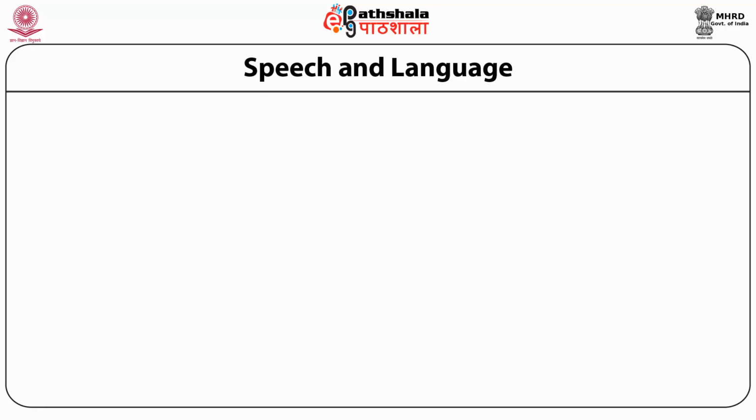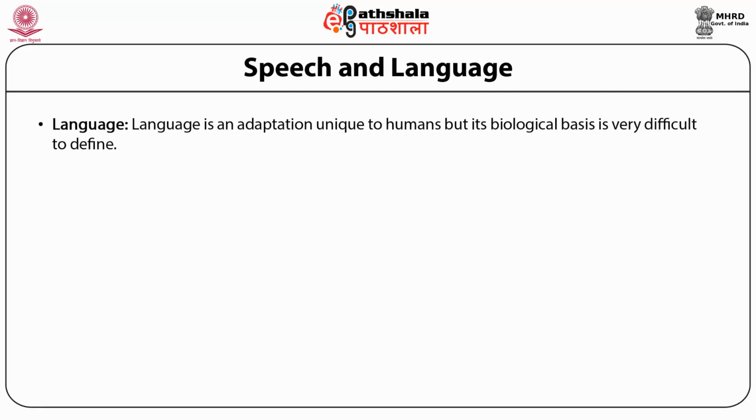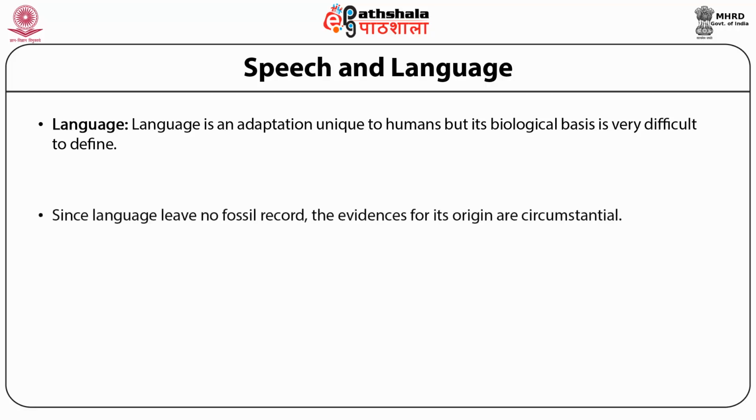Let's discuss language. Language is an adaptation unique to humans, but its biological basis is very difficult to define. Although there is no anatomical evidence for a new organ, it is clear that there exist certain areas, such as Broca's area and Wernicke's area, for language. Since language leaves no fossil record, the evidence for its origins is circumstantial.